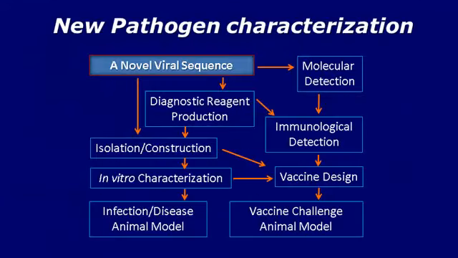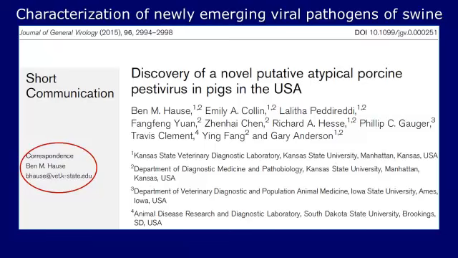With the availability of the diagnostic reagents and assays, we were able to further isolate and characterize these swine pathogens. During the past 3 years, through a collaborative effort between researchers, diagnosticians, and field practitioners, we have characterized a panel of swine pathogens.